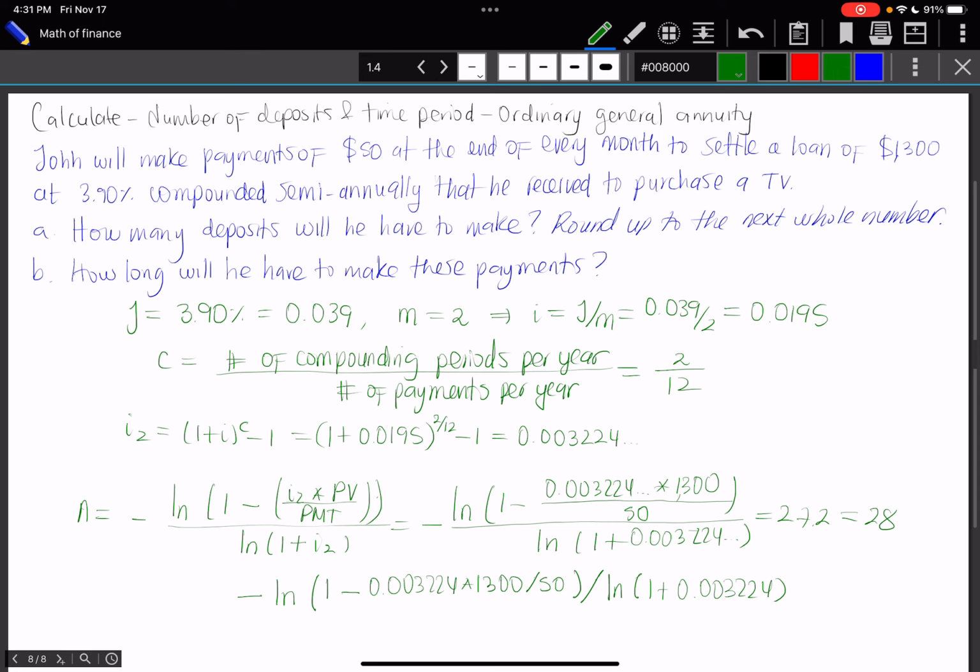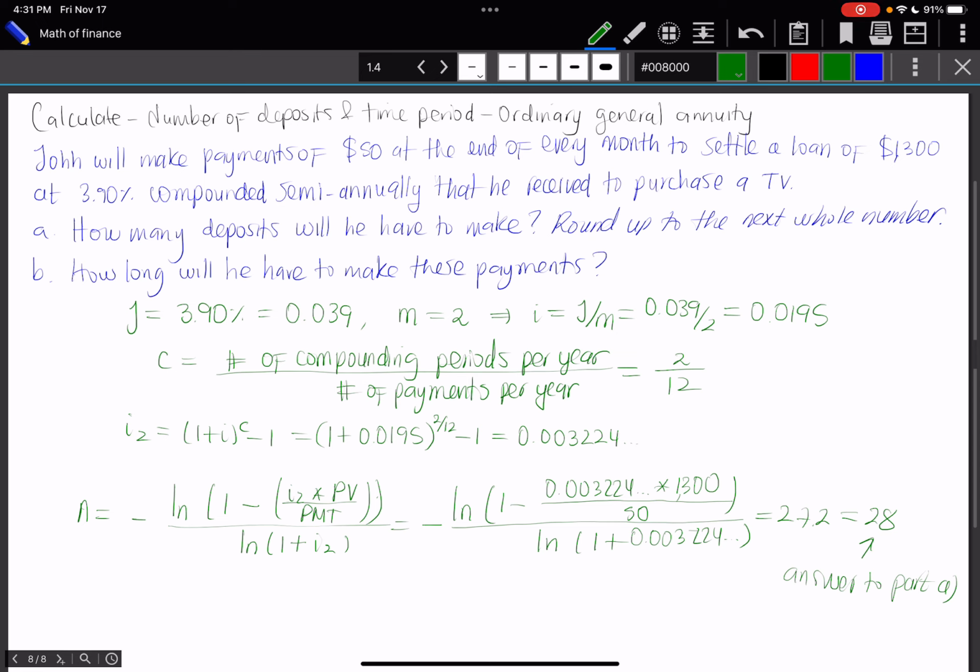So we get about 28. So what we can say is that John will have to make about 28 deposits to accumulate to $1,300. So this is the answer to part A.